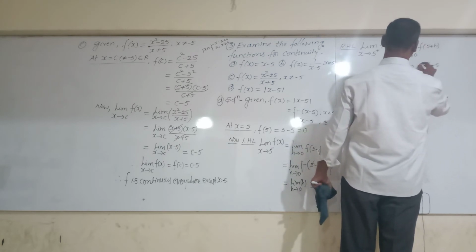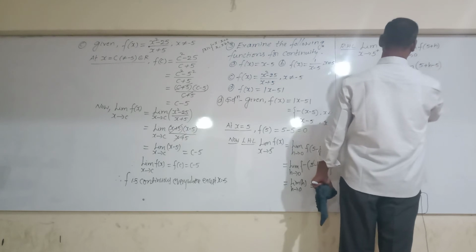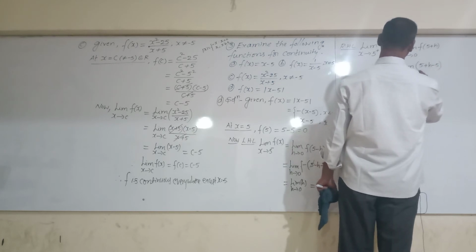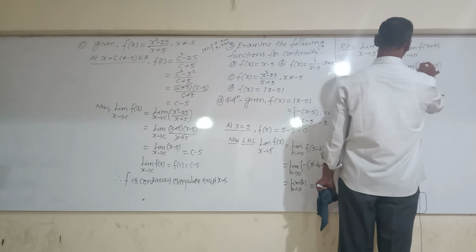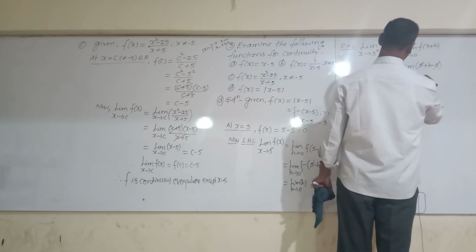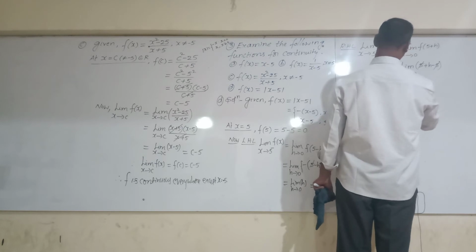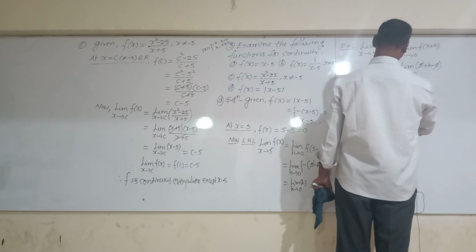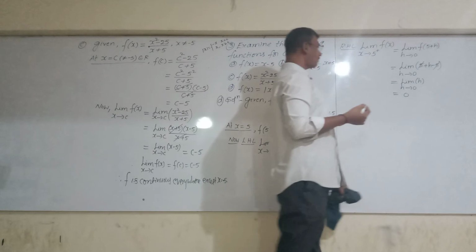Okay, this is the more than 5 condition as h tends to 0. Now plus 5 minus 5 cancel. Limit of h as h tends to 0. This is equal to 0.